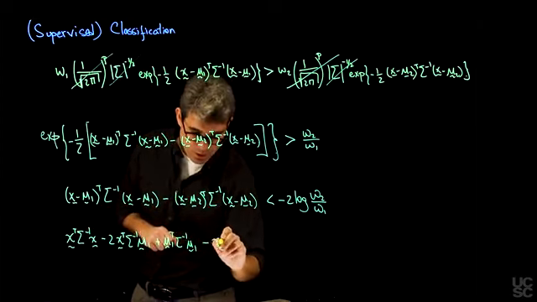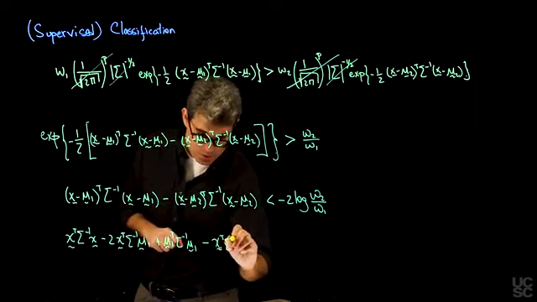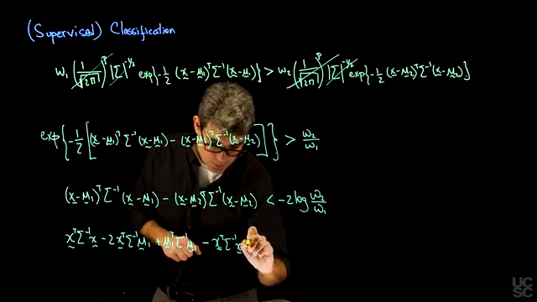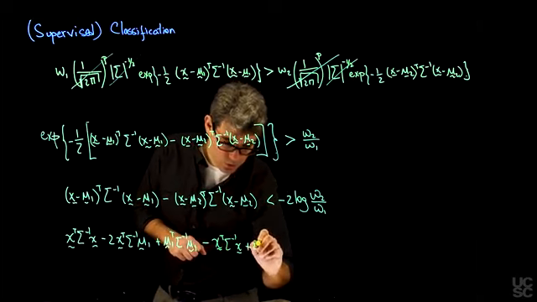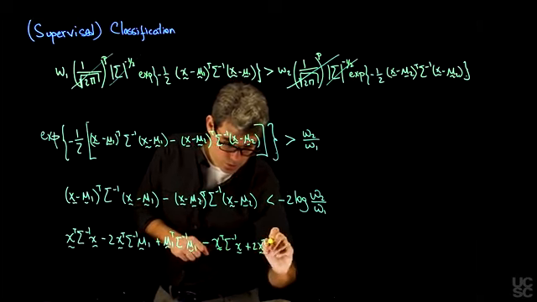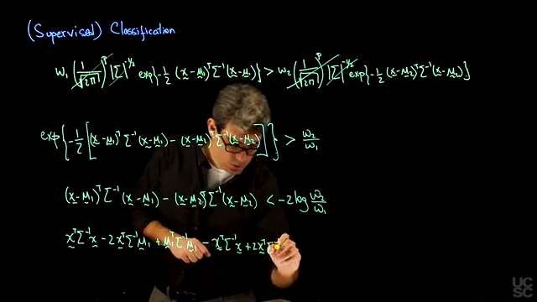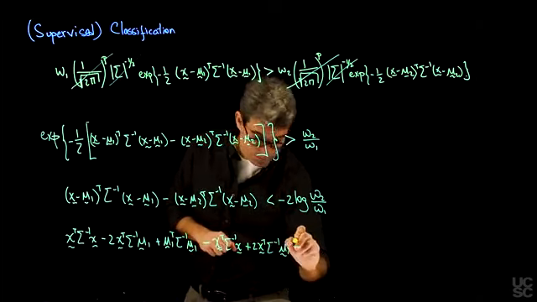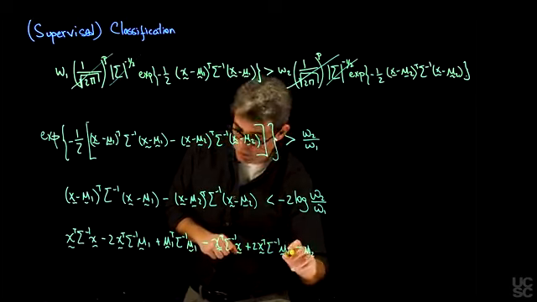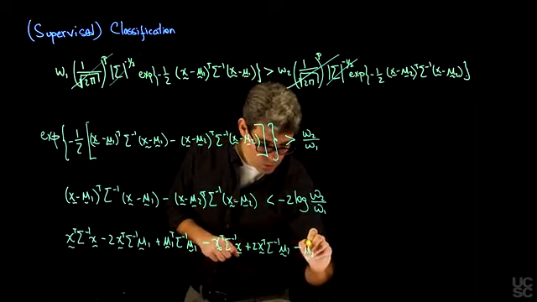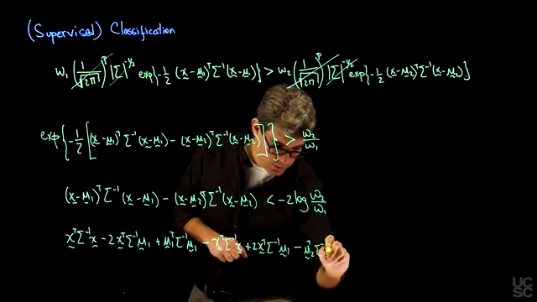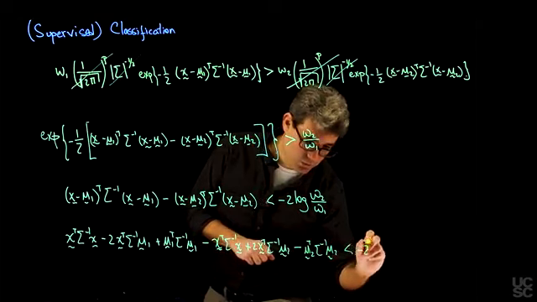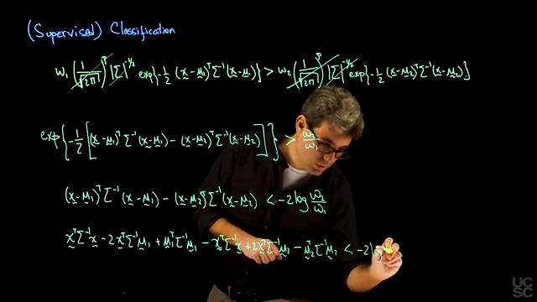So it's going to be x transpose sigma inverse x, plus, in this case, 2 x transpose sigma inverse mu2. And finally, again, minus mu2 transpose sigma inverse mu2. And all of this needs to be less than minus 2 log of omega 2 divided by omega 1.